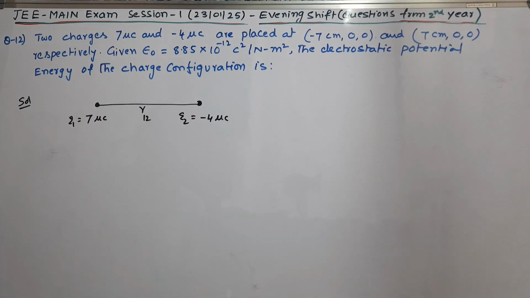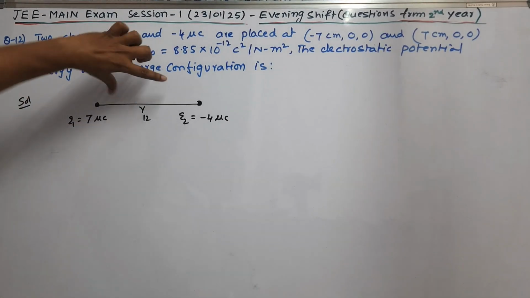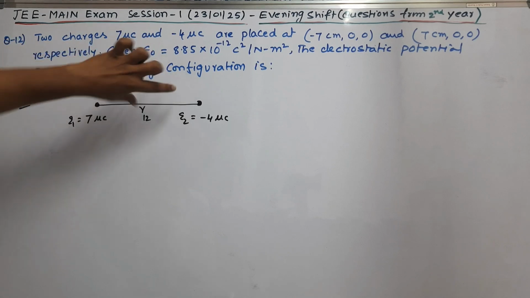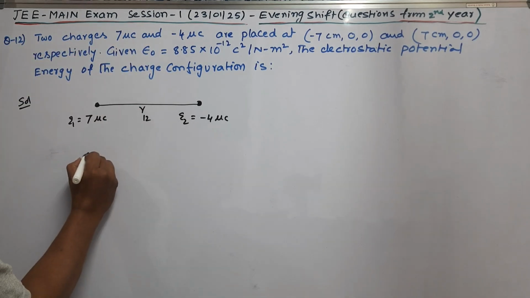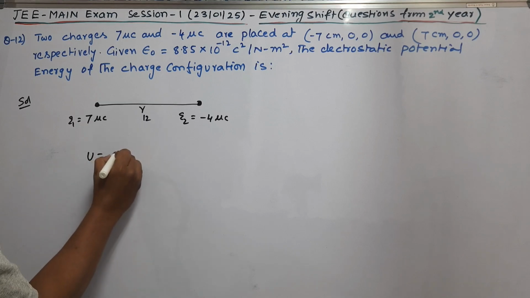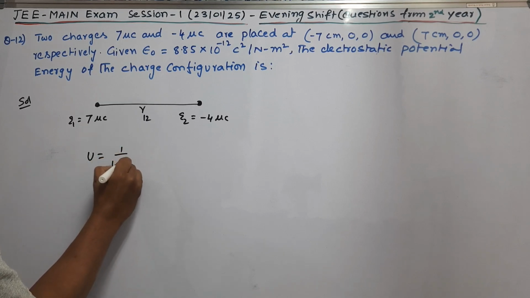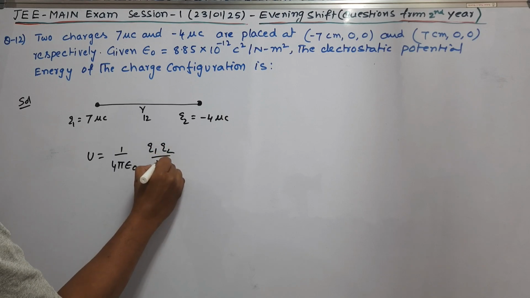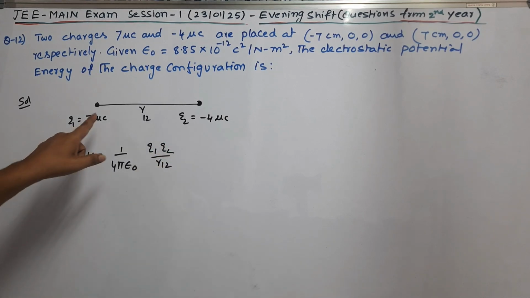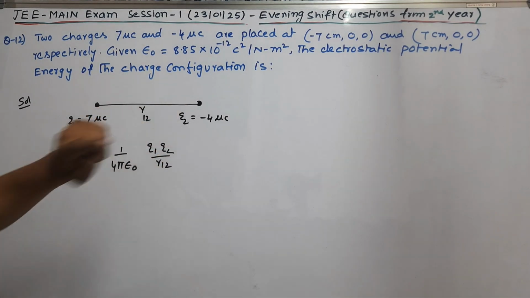According to the definition of electrostatic potential energy, the work done to make a charge configuration is stored in the form of electrostatic potential energy. So according to that equation, U is equal to 1 by 4 pi epsilon naught into Q1 Q2 by R12, the distance between these two charges.